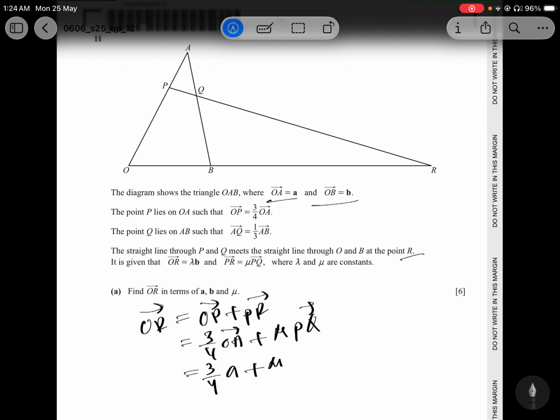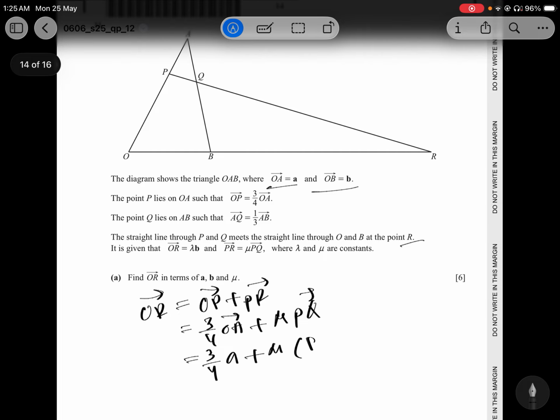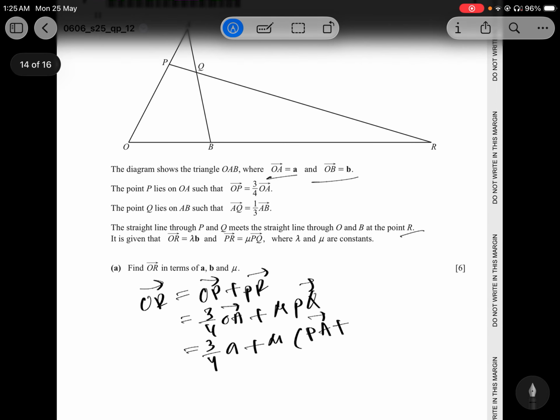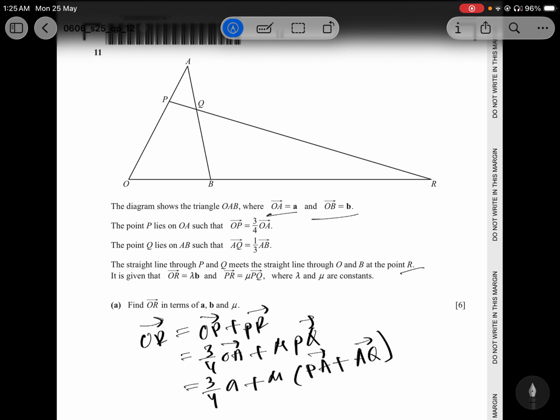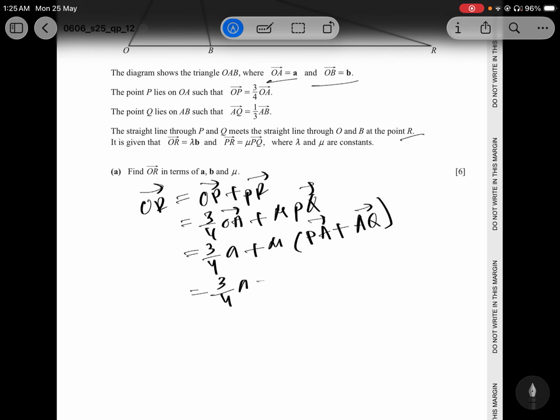So PQ can be written as PA plus AQ. PA: OP is 3 by 4, so it should be 1 by 4, 1 by 4 of a.